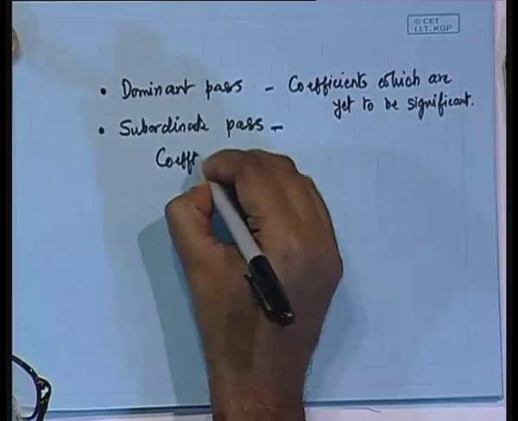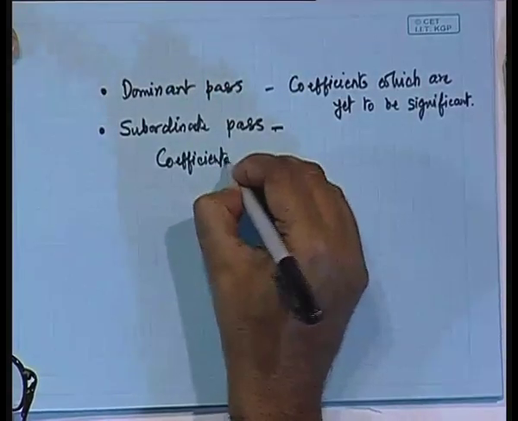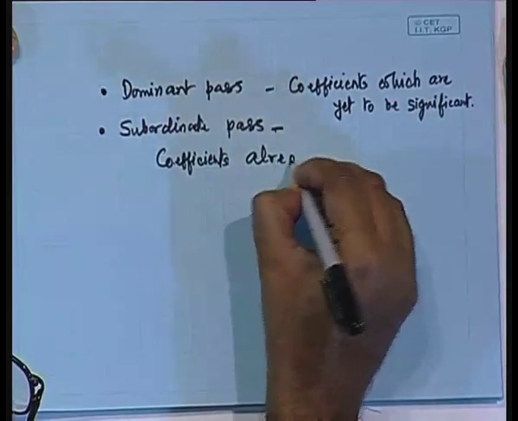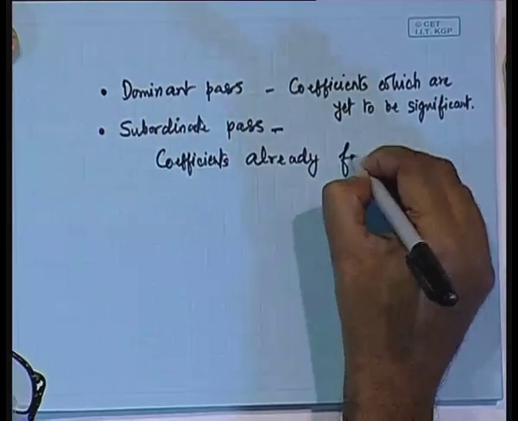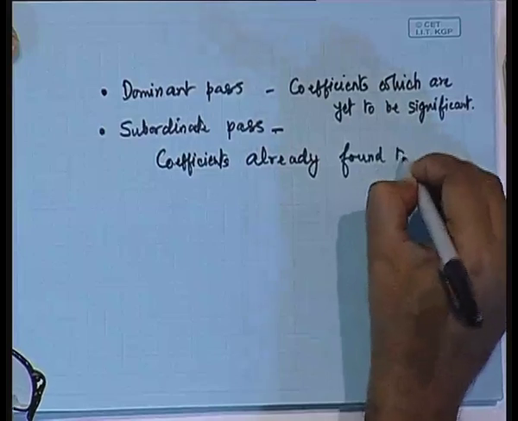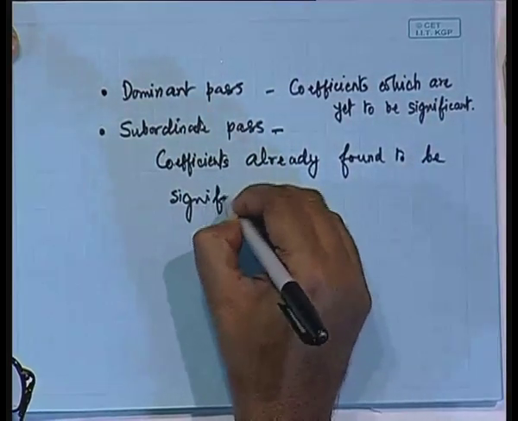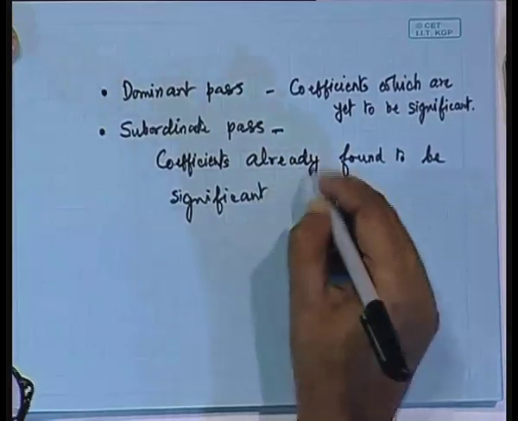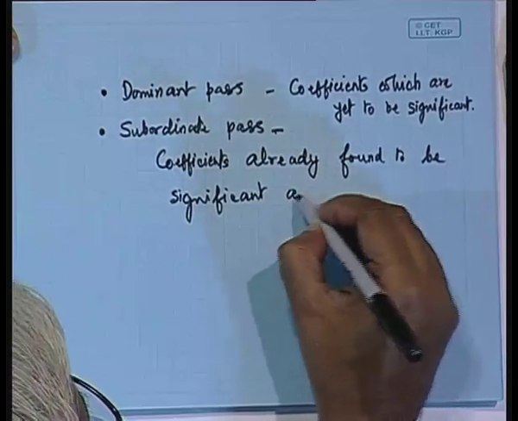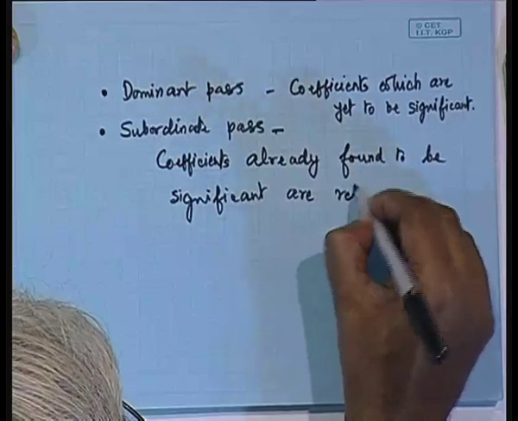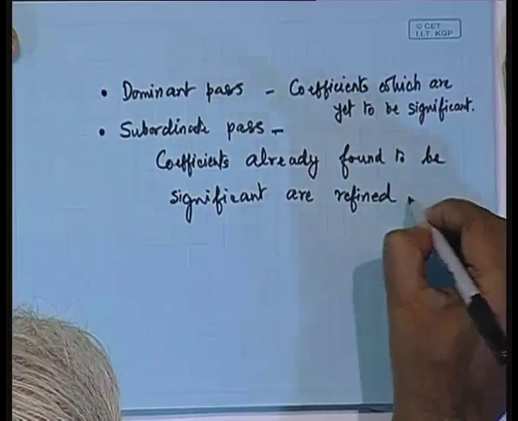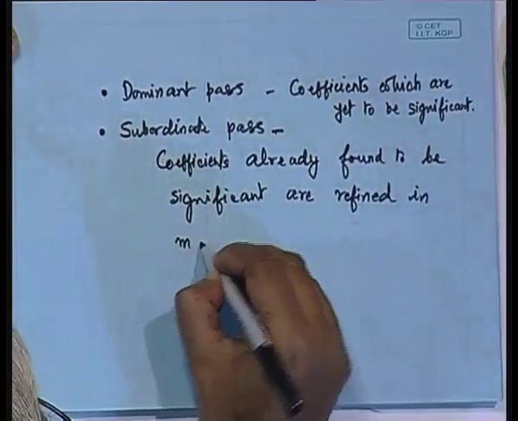So, in the subordinate pass, coefficients already found to be significant are refined in magnitude. And how do we do that?